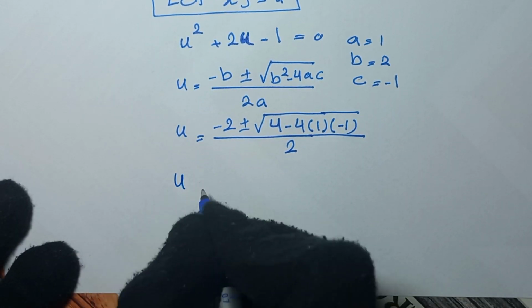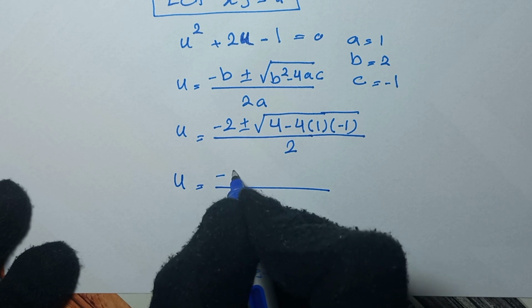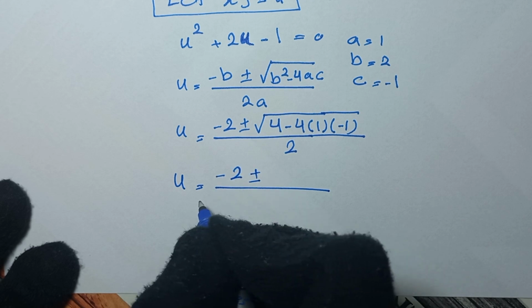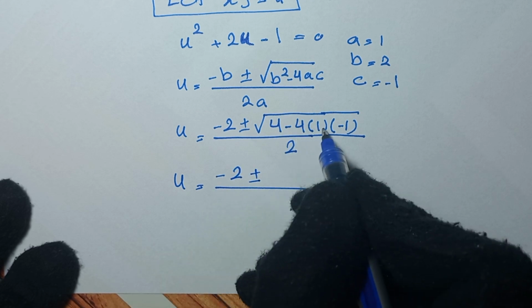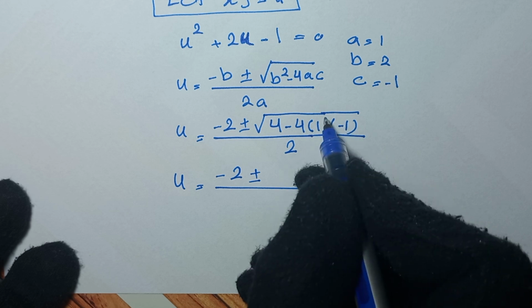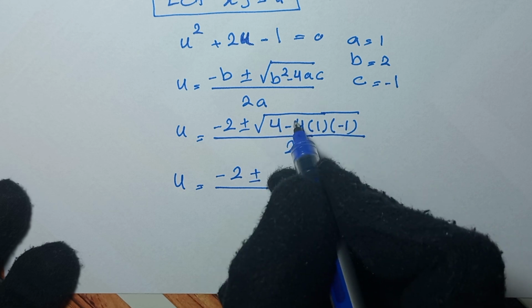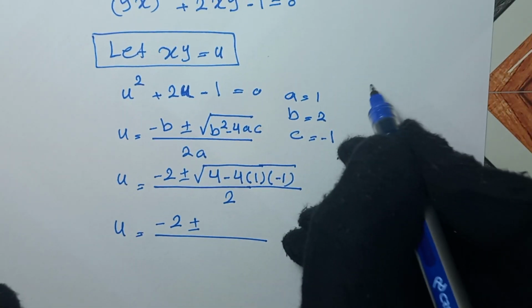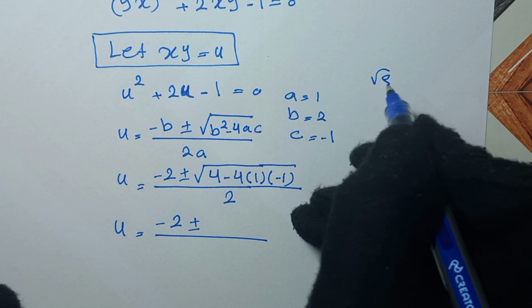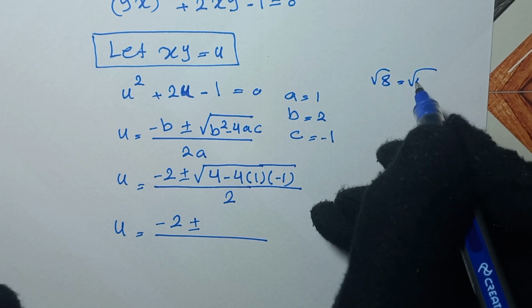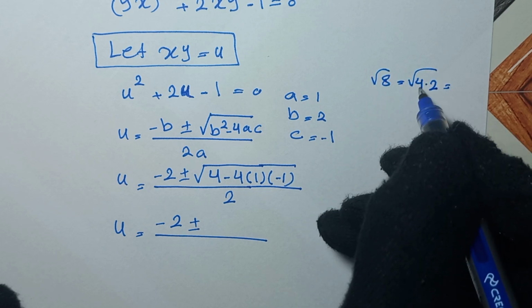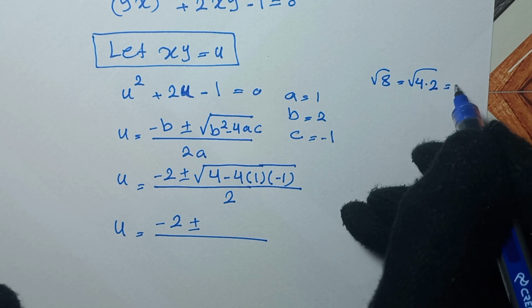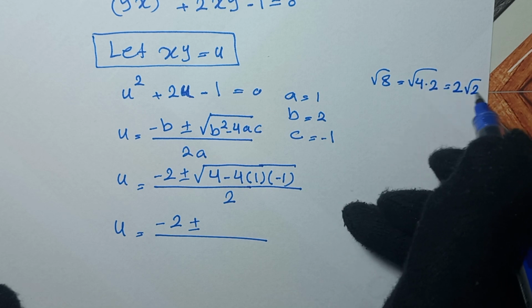And u is equal to negative 2 plus or minus, here negative 4 times 1 times negative 1 will be positive 4, so 4 plus 4 is 8. The square root of 8 is the square root of 4 times 2, and the square root of 4 is 2, so we can write 2 square root of 2.